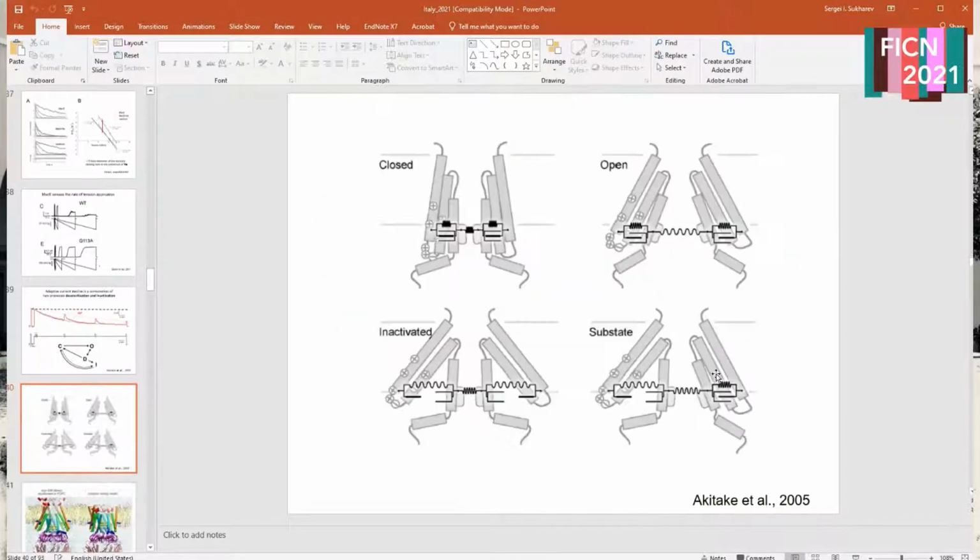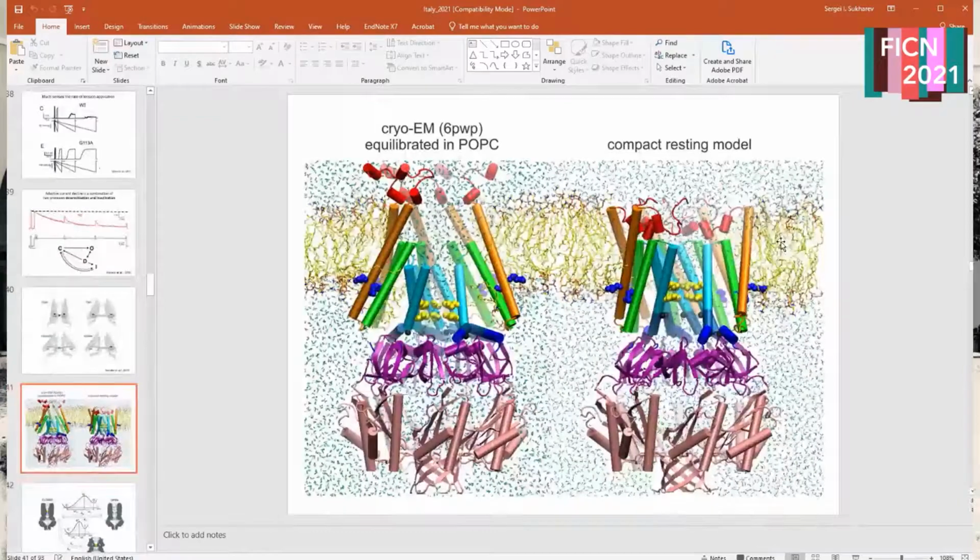So the first idea, how does this happen, is this. We have a closed channel, and we already had the first crystal structure with the splayed TM1, TM2 paddles. And we thought that probably that's the inactivated state because we clearly see the inactivated state. So we thought that the closed state, or resting state, the ready-to-fire state, should be more compact, and the open state should be something else. So we implemented these structures in the form of models.